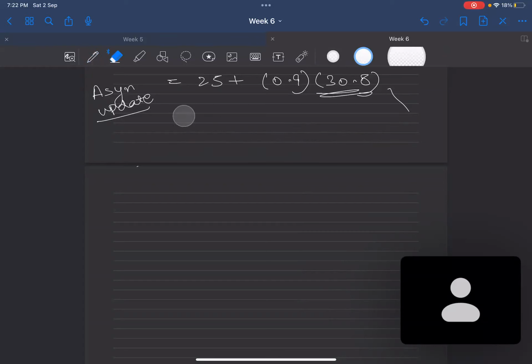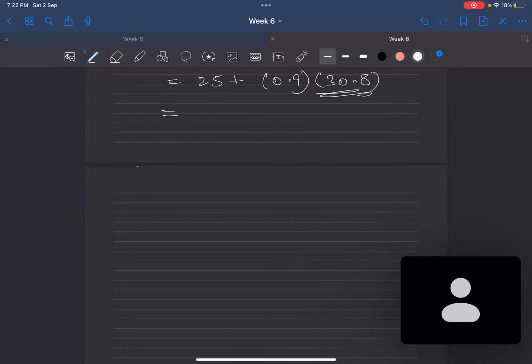I think it's clear. So 25 plus 0.9 into 30.8, how much is it? 30.8 into 0.9 plus 25, 52.72. V of S3.